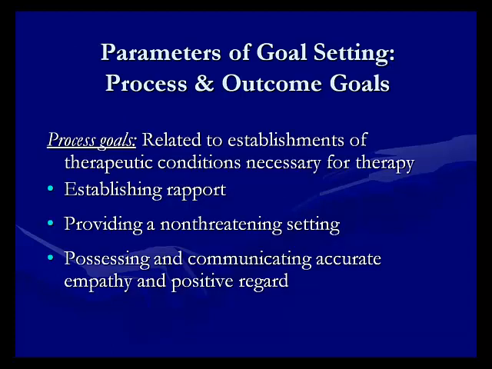There are parameters that exist within the goal setting process. And within these parameters, there are process-related goals as well as outcome goals. Process goals are related to the establishment of therapeutic conditions necessary for therapy. Process goals are more of the intermediate goals that must be in place. For example, an immediate and intermediate goal of the process is establishing rapport.